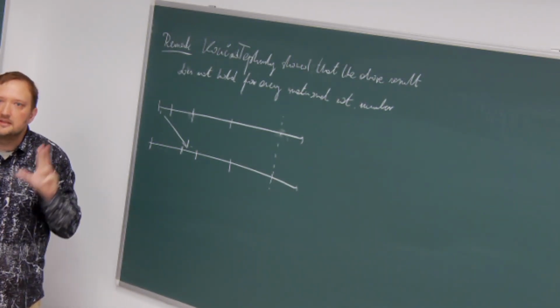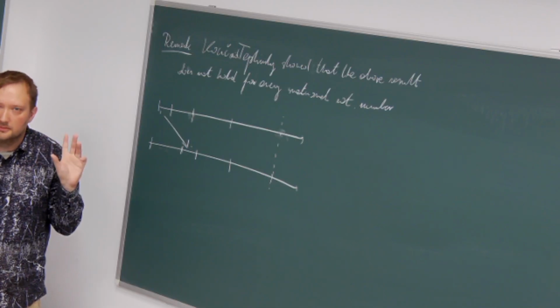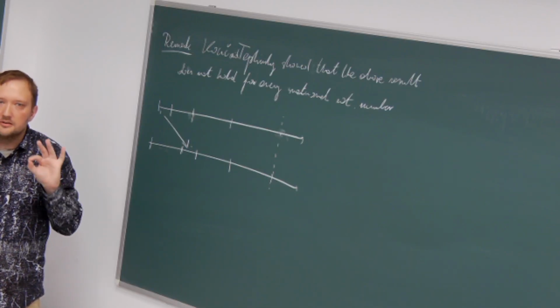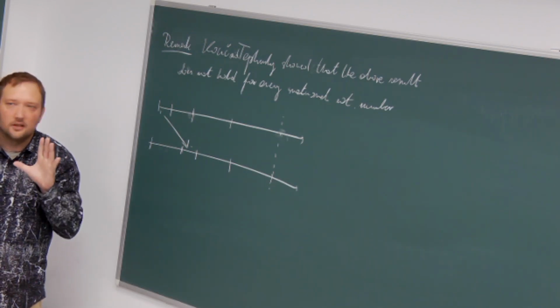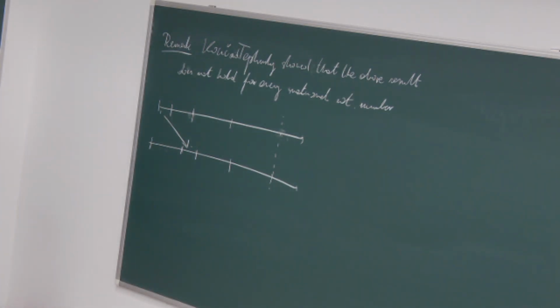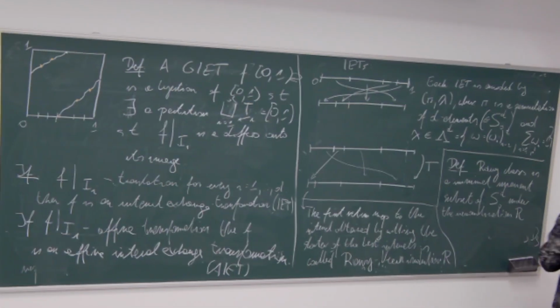You can prove that these are the only options, because what type of permutations you get depends only on the relation between the first and last interval before and after the transformation. But these are the only two options.